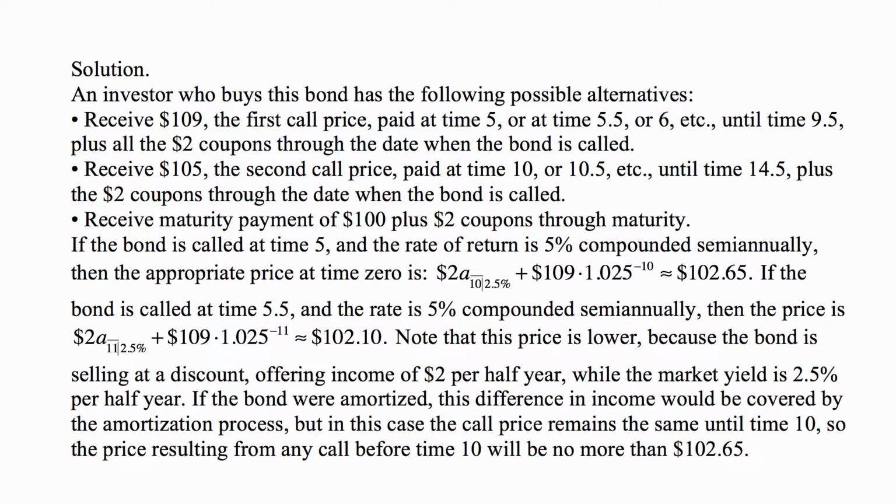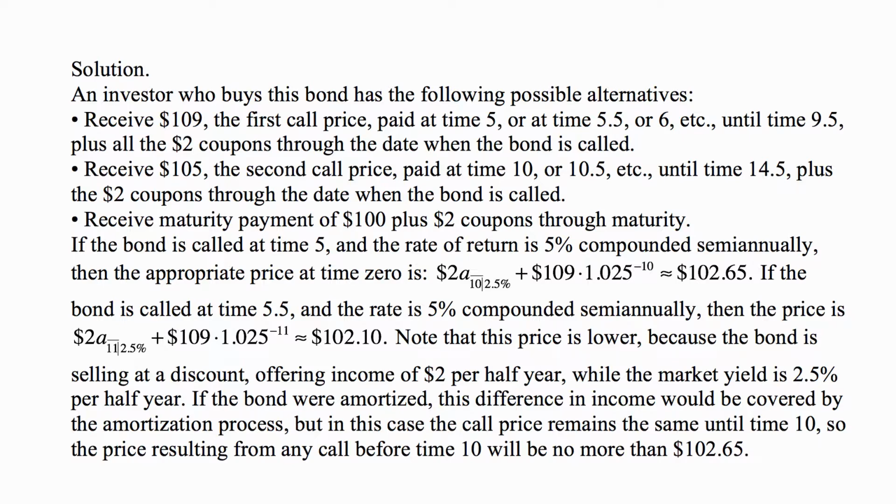So 2 times a angle 10 at 2.5%, that's 5% compounded semi-annually, so 2.5% per half a year, plus 109 times 1.025 to the negative 10, and that's 102.65. If the bond is called at time 5.5 and the rate is 5% compounded semi-annually, then the price is 102.10. It's the same method of calculation, but over 11 periods.